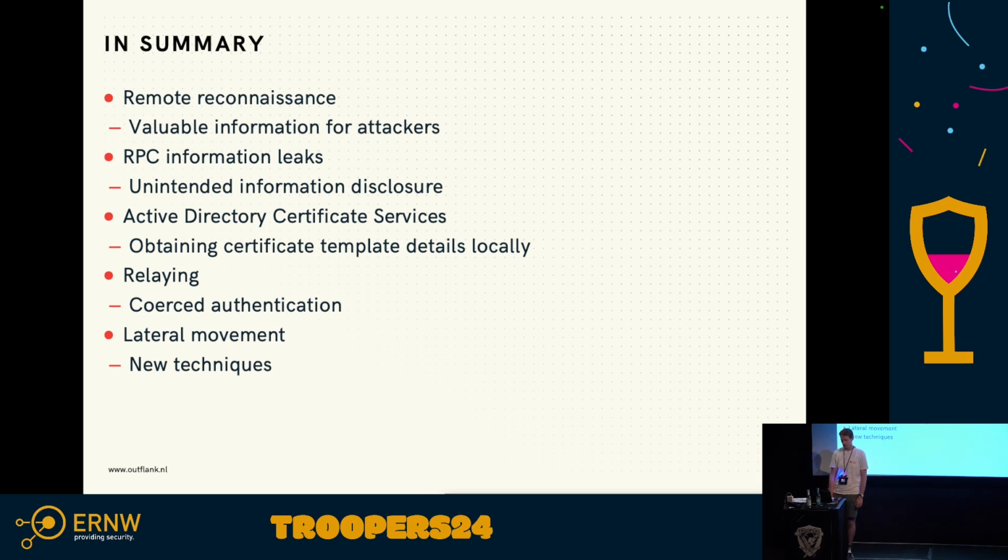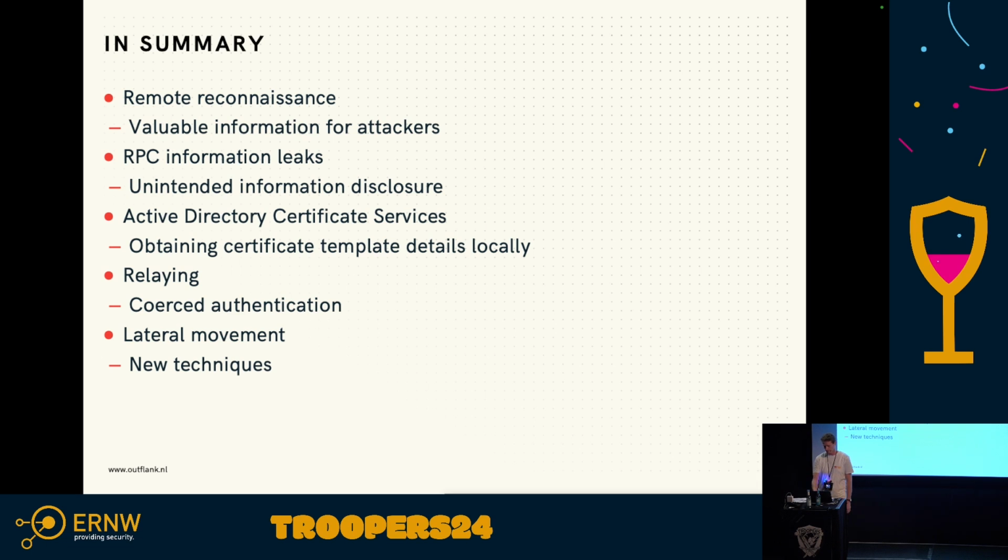Quick summary. So we looked at some remote reconnaissance, some information leaks related to RPC. ADCS has some certificate templates stored in the registry that we can obtain. We can figure out a coerced authentication in the registry, and there's also ways to use, well, basically still COM hijacking, a known technique, but also use that for lateral movement.